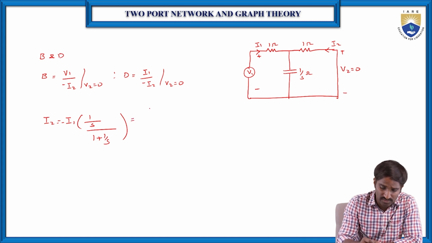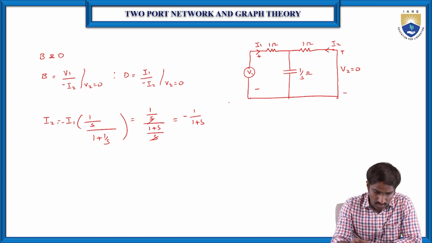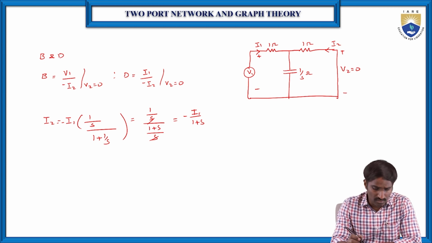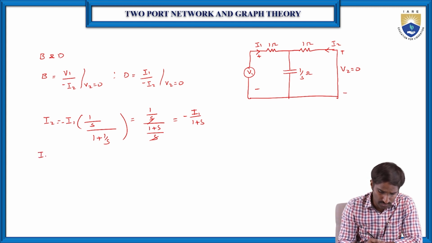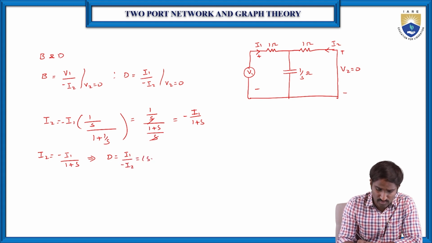Okay, and if you simplify this, then 1 by S by 1 plus S by S, so S gets cancelled, so here you are getting minus 1 by 1 plus S. This is the I2 value, so minus I1 by 1 plus S. From this we can find D, because here I2 is equal to minus I1 by 1 plus S. So from this you can find D is equal to I1 by minus I2, which is equal to S plus 1.